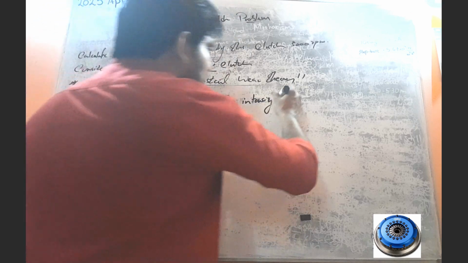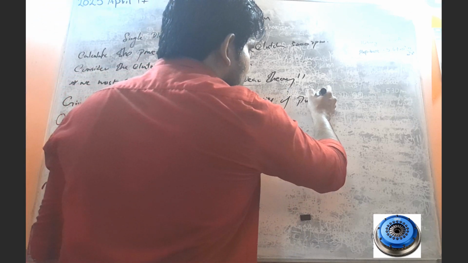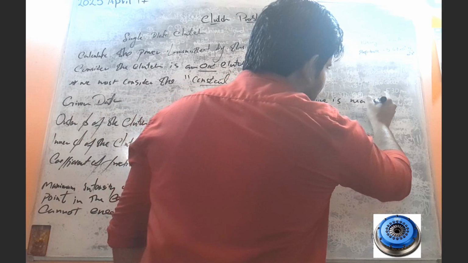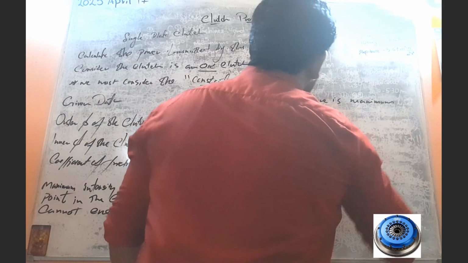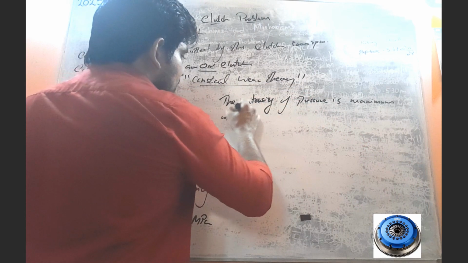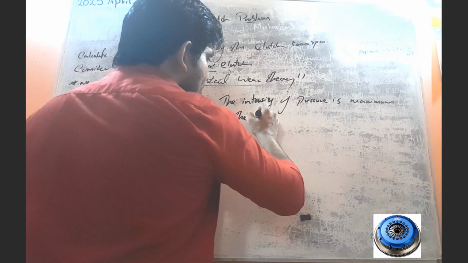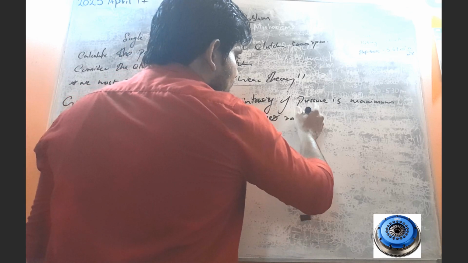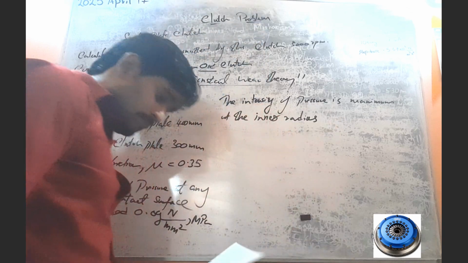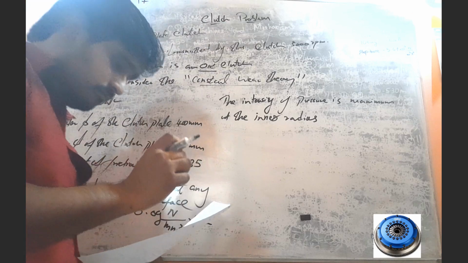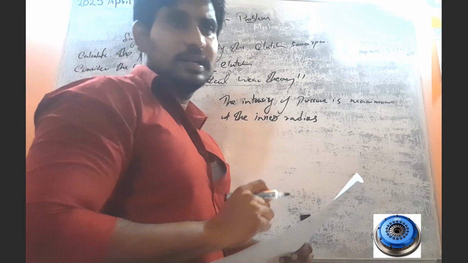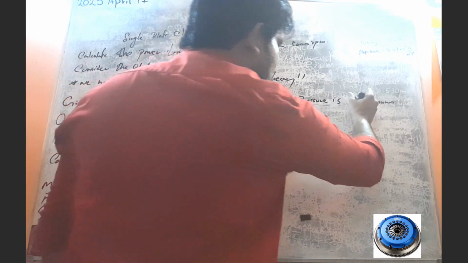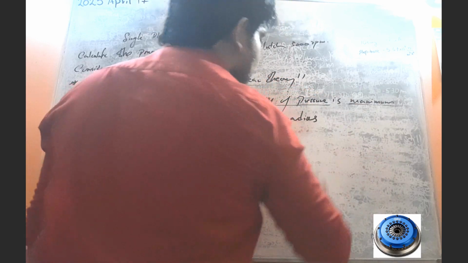The intensity of pressure is maximum at the inner radius. That is the first point.